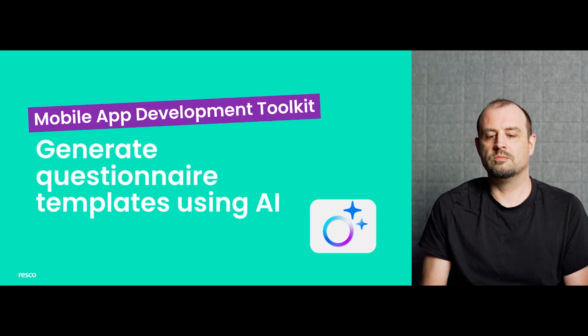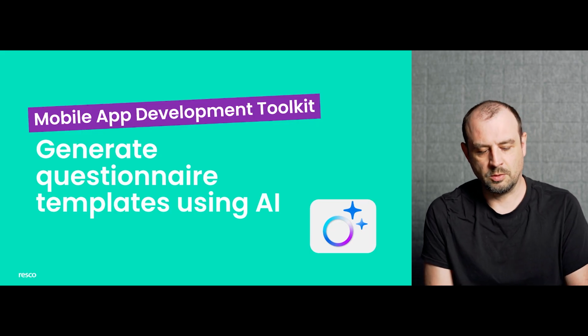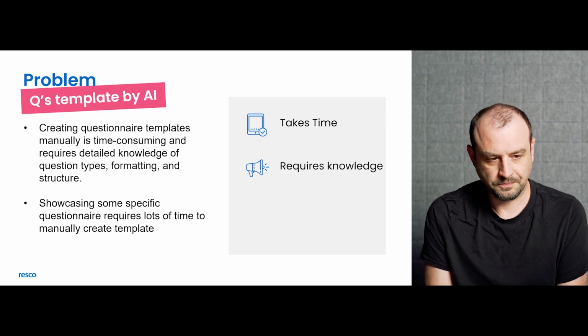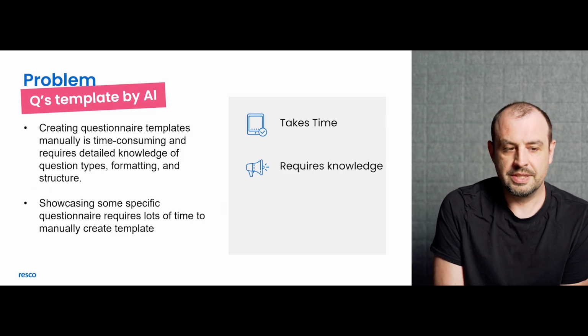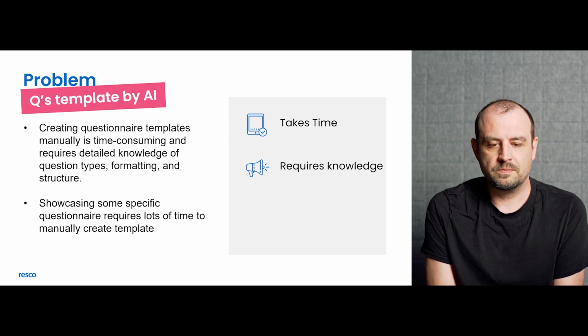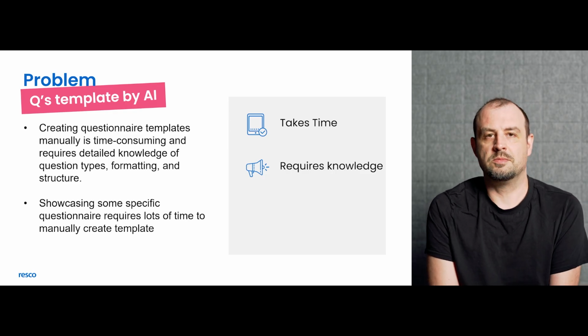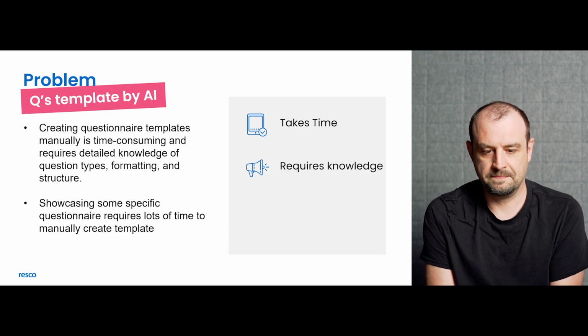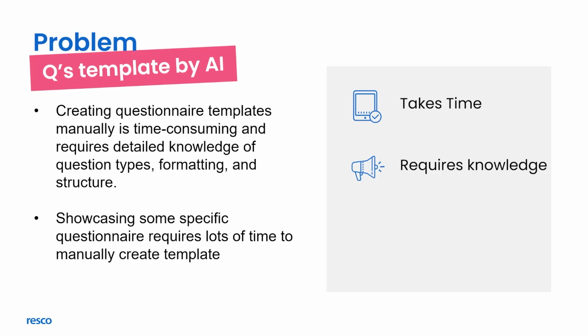Meanwhile, we are also doing development on the questionnaires, and I will show you which are those. We are also bringing AI into the questionnaire designer. It always takes a lot of time to build a questionnaire from scratch, question by question. And there has been also the situation when you needed to build a questionnaire for demo purposes.